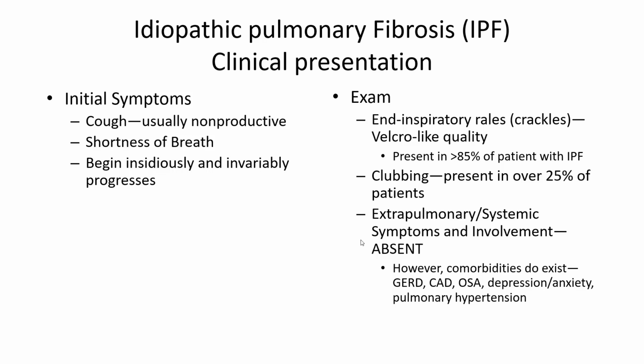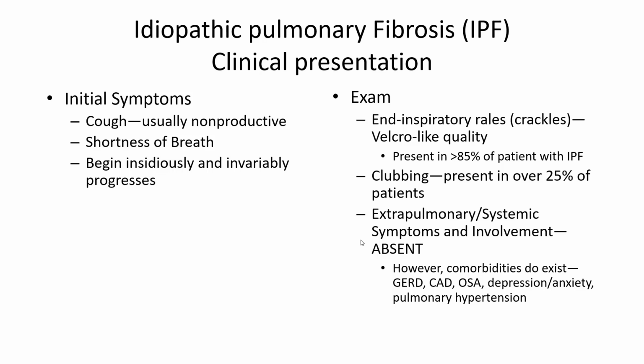Now, on physical exam, these folks are going to have almost universally fine crackles, end expiratory rales, or fine crackles in the bases that have that Velcro-like quality in terms of sound. Digital clubbing can be present in over 25% of the patients, and so anybody with digital clubbing that has not been evaluated for that symptom should be investigated for other causes of digital clubbing in addition to IPF.